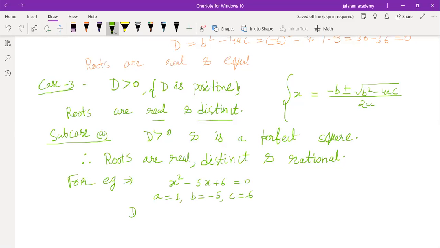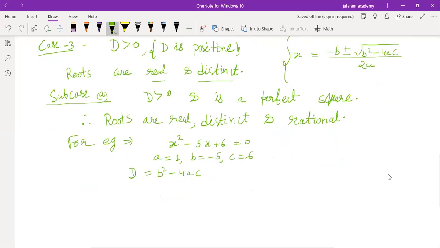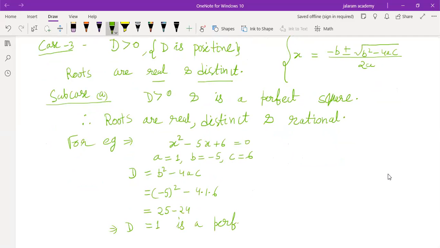So when we find the discriminant equals to b square minus 4ac, which is equal to minus 5 whole square minus 4 into 1 into 6. It is equal to 25 minus 24 equals to 1. So 1 is a perfect square. Discriminant is 1, which is a perfect square. We know that square root of 1 equals to 1.